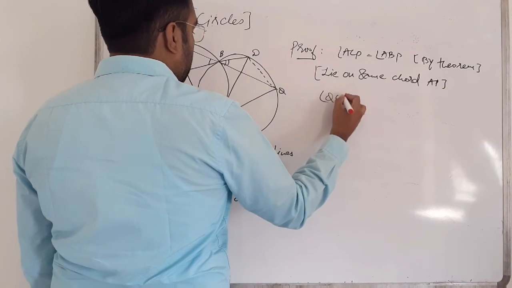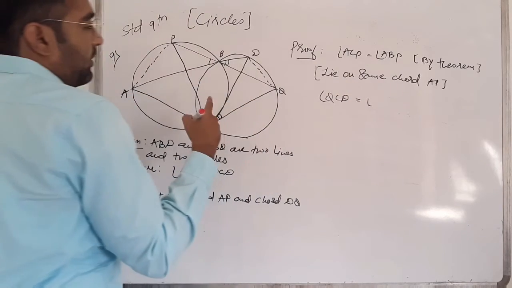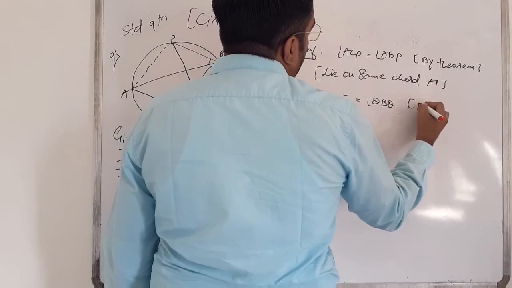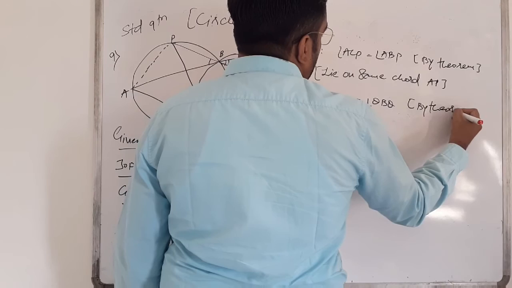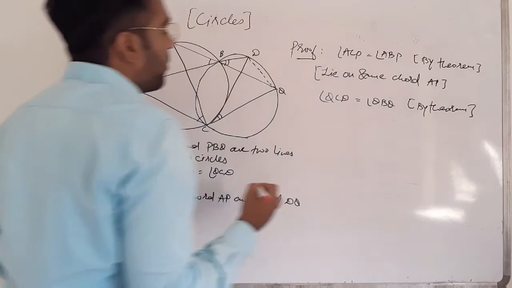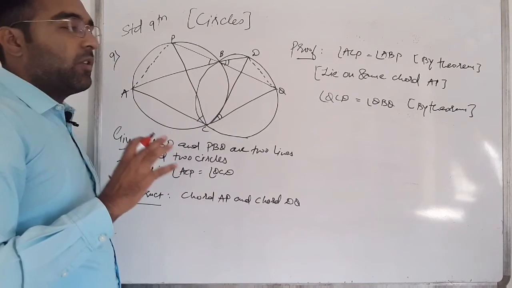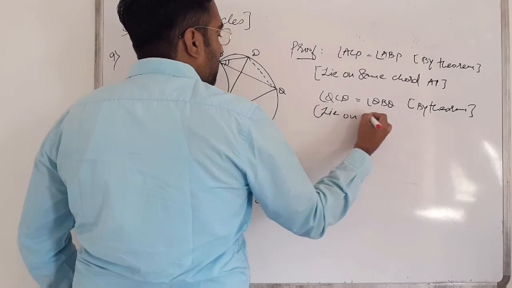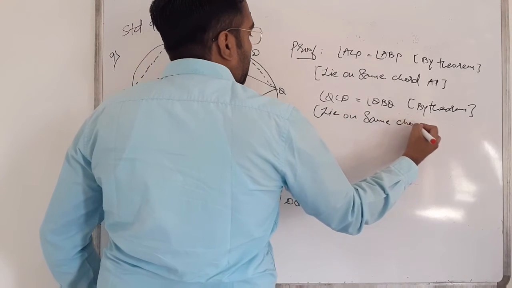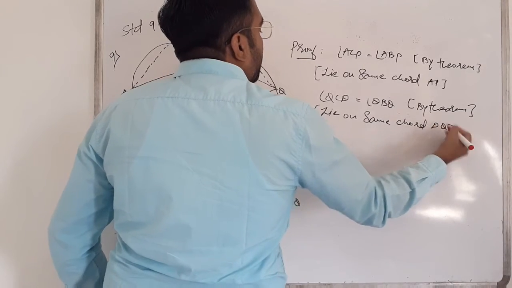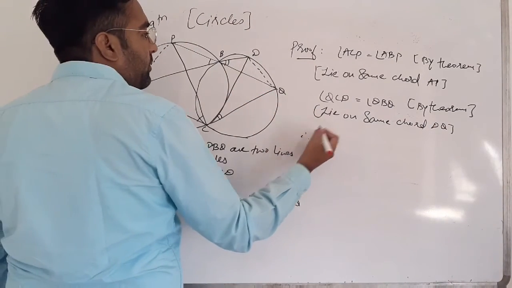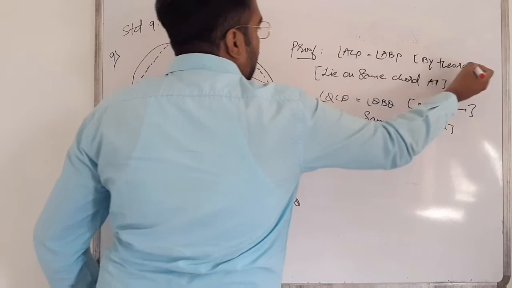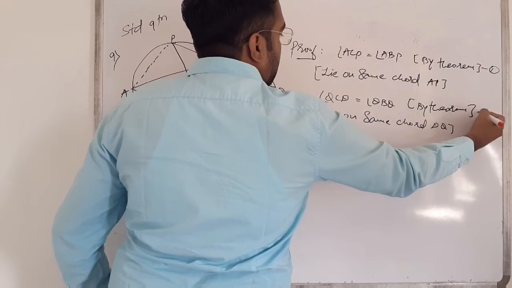Angle QCD is equal to the angle QBD, by theorem, that angles on the same base or same chord forming on the circle are equal, and they lie on the same chord DQ.